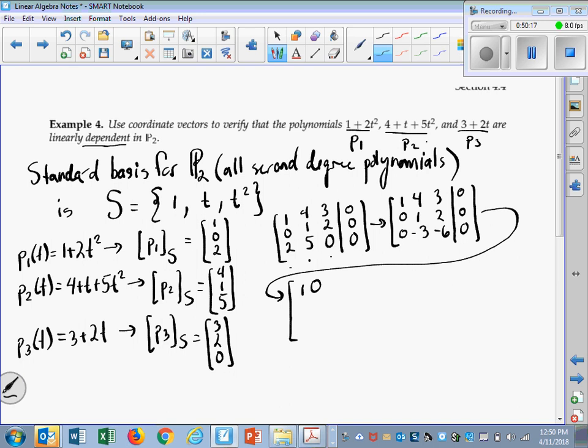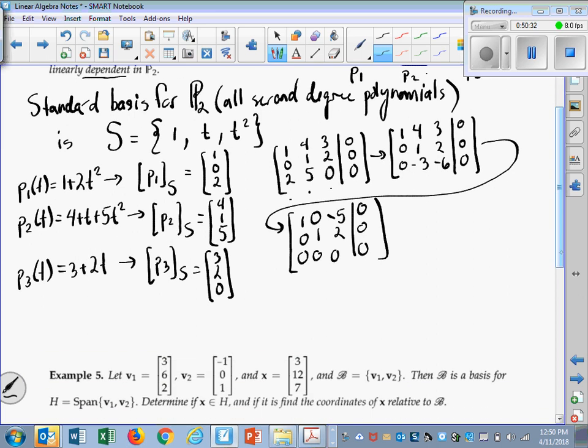What does this tell me? These are the weights, C1 through C3, of my polynomial vectors here. This is really telling me that I need 5C3; I add that over to the other side, so 5C3, -2C3, and C3.